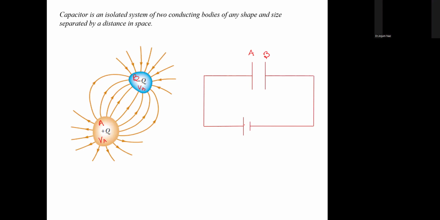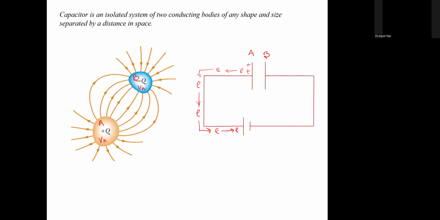As A is connected to the positive terminal, what would happen? This is a conductor and it is ready to give electrons. So electrons are pulled by the positive terminal of the battery, leaving plate A at a positive potential.